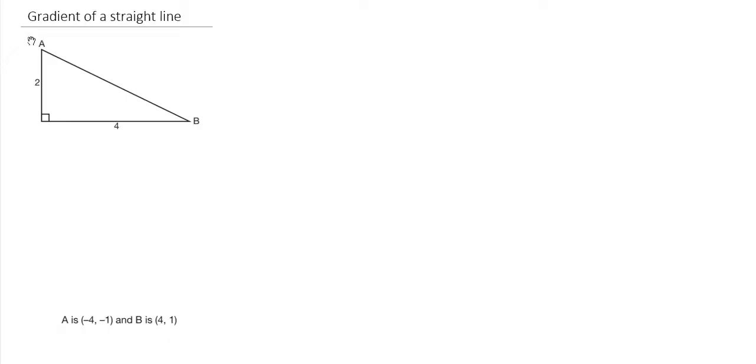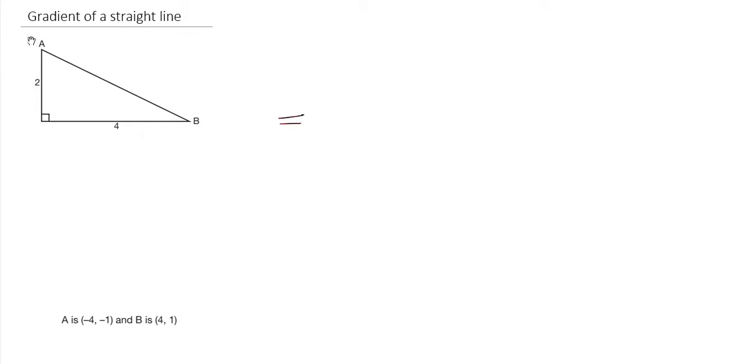Hi, in this video we will discuss gradients of a straight line and the problems related to them. Now we have a right angle triangle, and you know that this is a 90-degree angle, and we have to find the gradient for this.